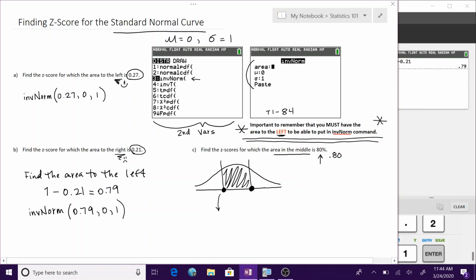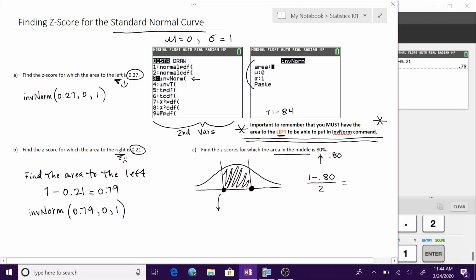Okay, and then from there, what we want to do is 1 minus 0.80, just like we did before. But notice we have two missing areas. We have the missing area over here to the left, as well as this missing area over here on our right. So because we have two of them missing, I'm going to divide this by 2.